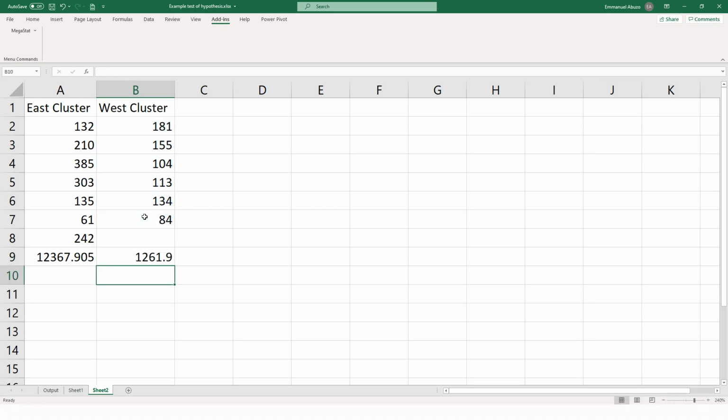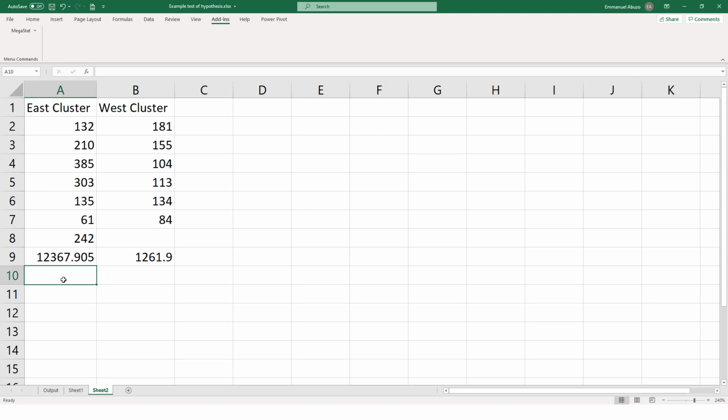First, let's determine which of the two has a larger variance. Clearly, the East cluster is greater than the West cluster in terms of its variance. Therefore, our numerator would be the East cluster and the denominator would be the West cluster.